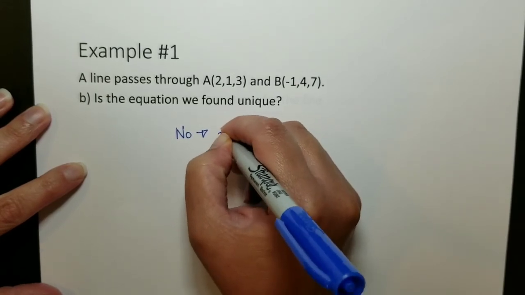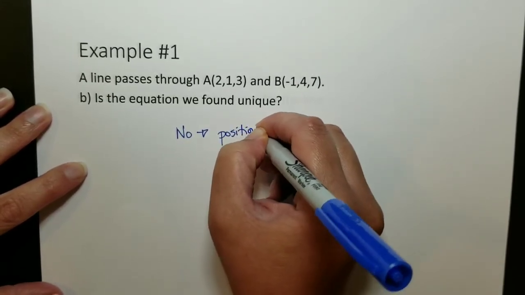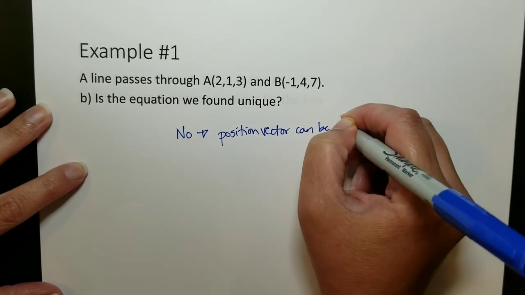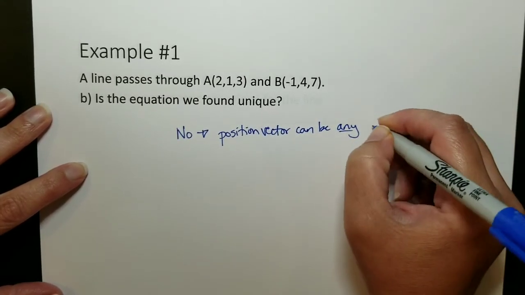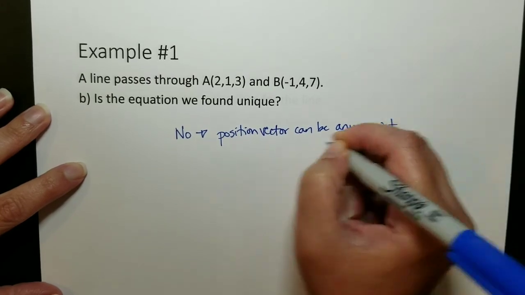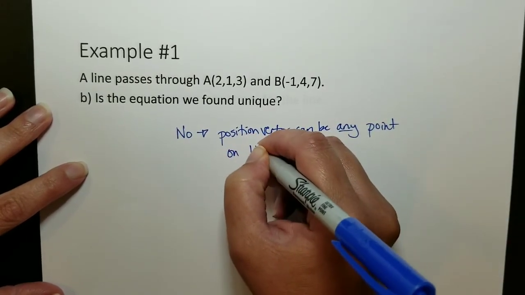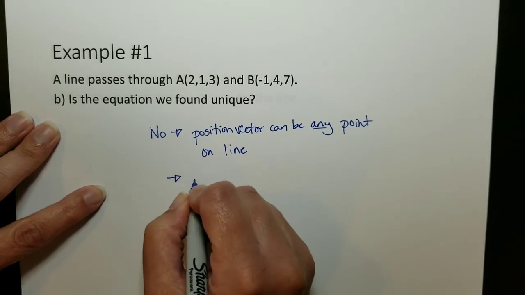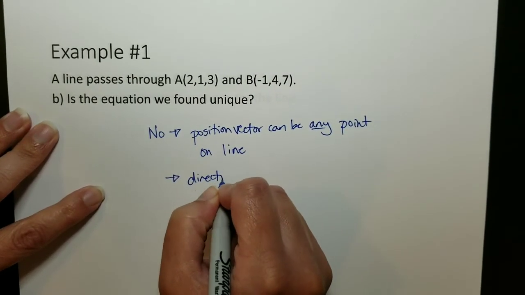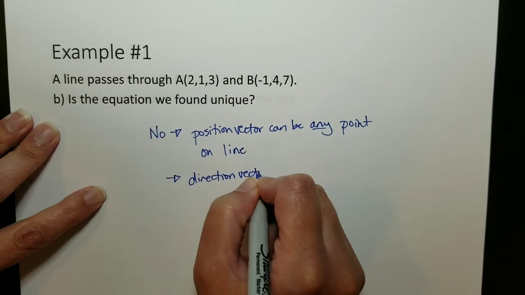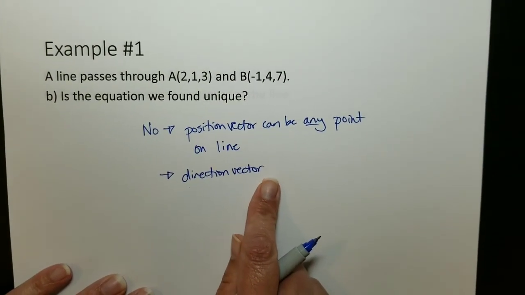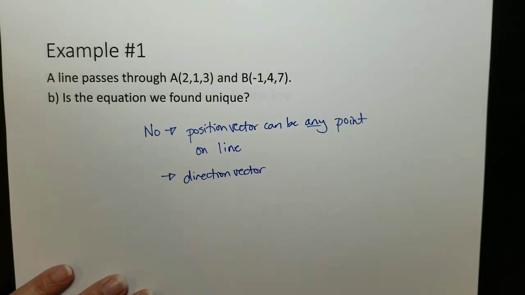The position vector can be any point on the line. And for the direction vector, there still are an infinite number of possibilities, but it can't be any vector.